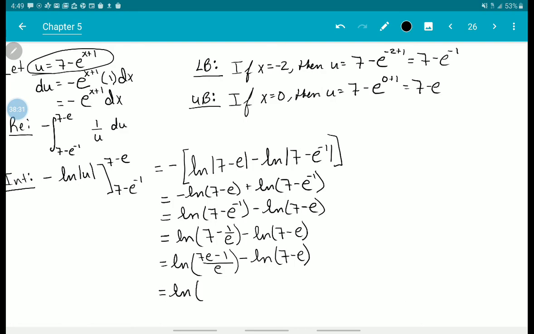So ln of 7e minus 1 over e. And then we're going to divide that by the 7 minus e to combine these logs. Subtracting, we would divide those arguments. Divide, you keep, change, flip. So this is going to become ln of 7e minus 1 over e times 7 minus e.